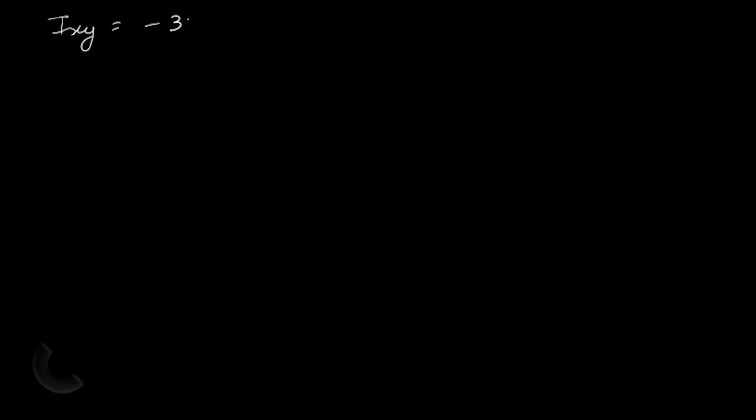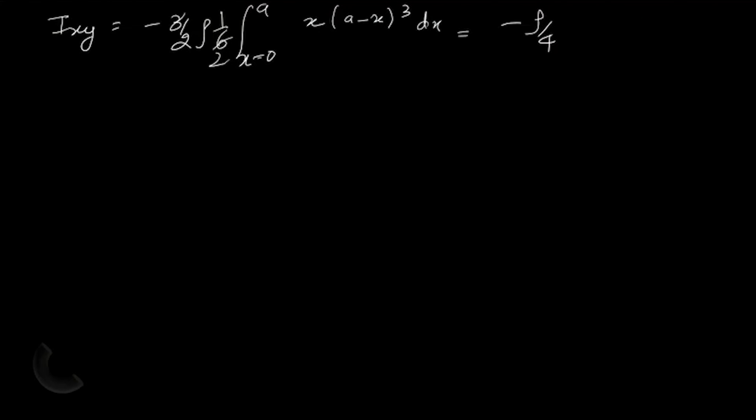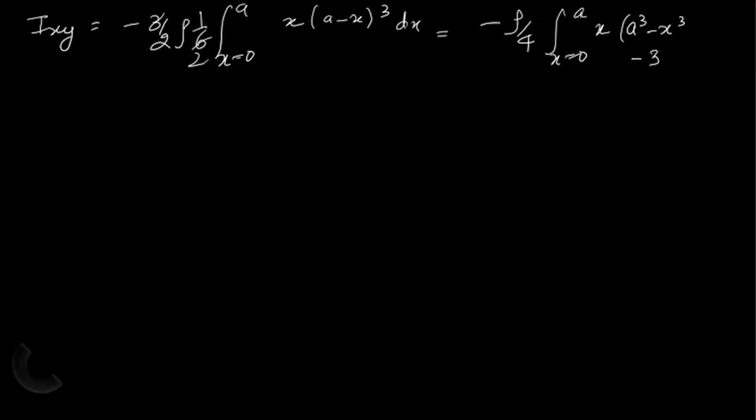So our expression is minus 3 over 2 rho, x 0 to a, x (a minus x) whole cube, and we can take the 1 over 6 out, so we can cancel 3 with 6. We are left with minus rho over 4, x 0 to a, x (a minus x) whole cube. We can open this whole cube, which will give us a cube minus x cube minus 3a square x plus 3a x square, and then dx.